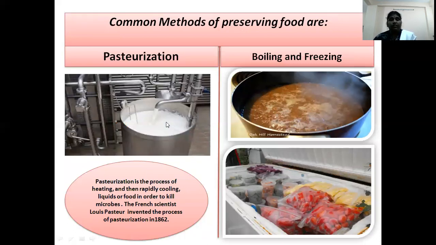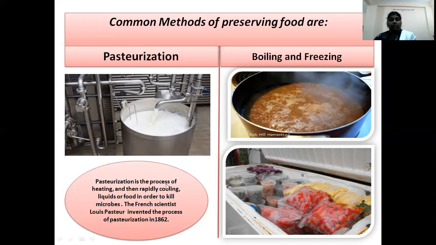Pasteurization is the best way to purify milk. Not only milk, other liquids like beer and food items also can be preserved by this technique. In pasteurization, the food items will be heated to a high temperature for a few minutes and immediately cooled down to normal temperature.